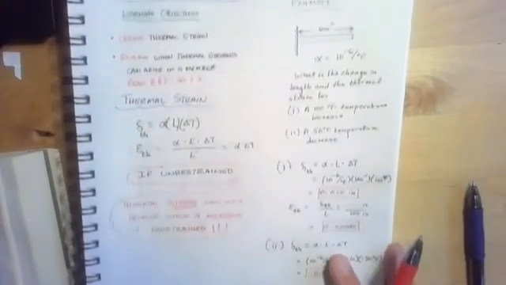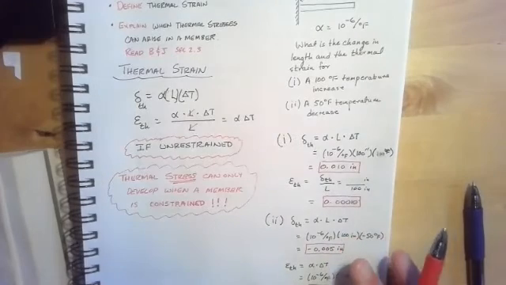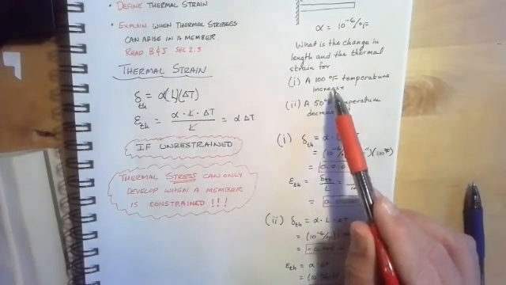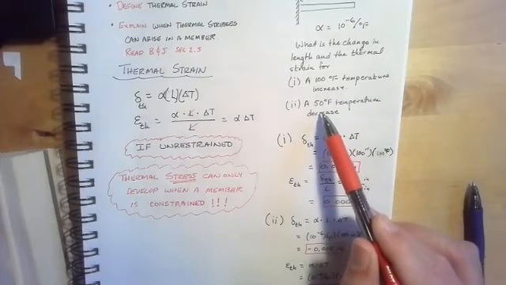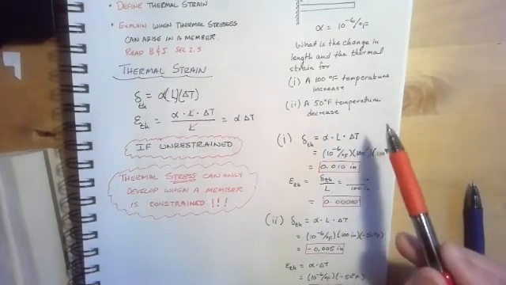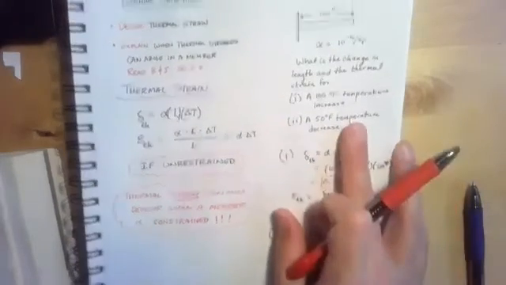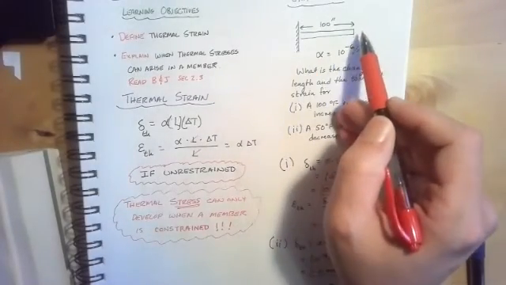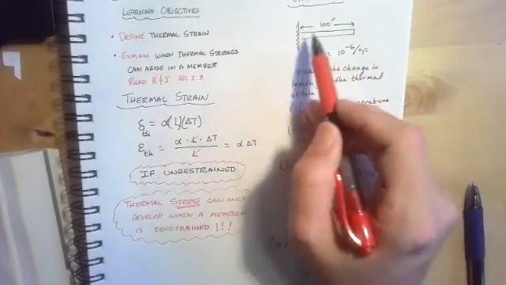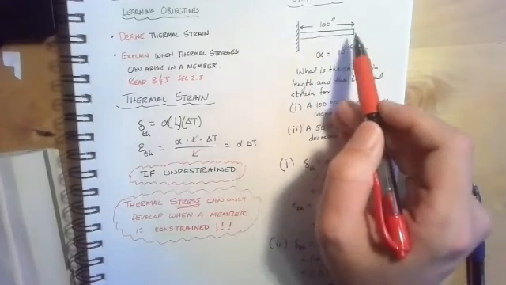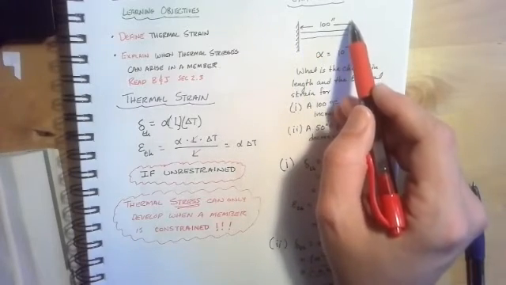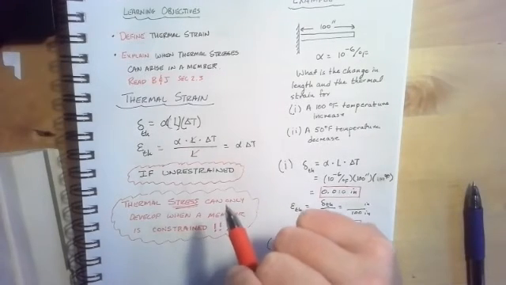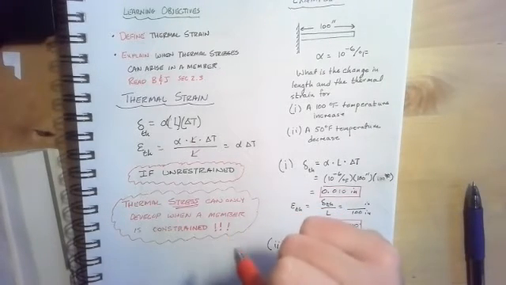And I'd like to know what the change in length is and what the thermal strain is for a 100-degree Fahrenheit temperature increase and a 50-degree Fahrenheit temperature decrease. So keep in mind, we do have a restraint at one end, but other than that, the bar is free to expand or contract. So we have an unrestrained case. For it to be a restrained case, we would need a support over at the free end. And in that case, we would start to develop thermal stresses.